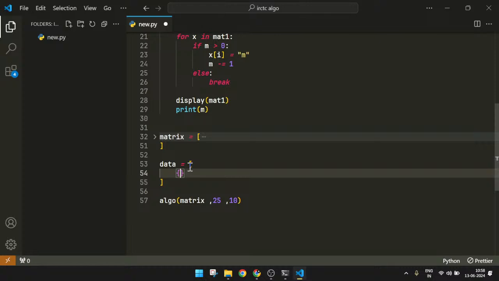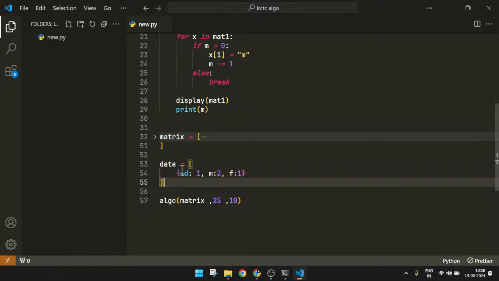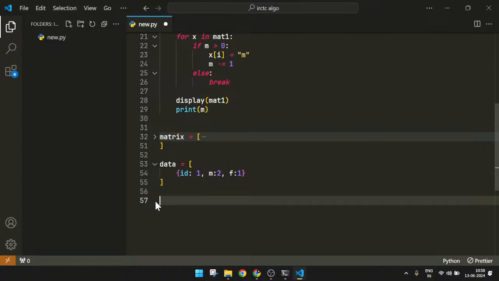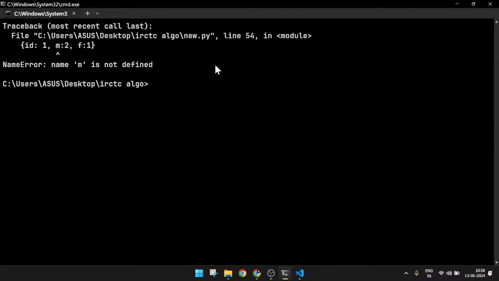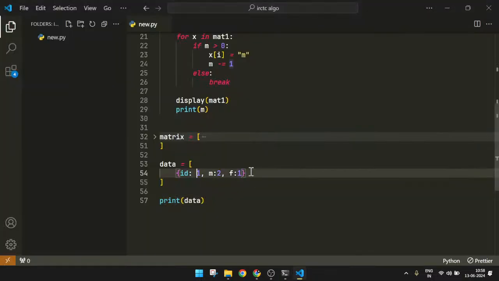So there will be ID 1, and then number of males, for example 2, and number of females, for example 1. 2 males and a female. So can I use this kind of data structure now? I have to check. Okay. So how can I define an object in Python?